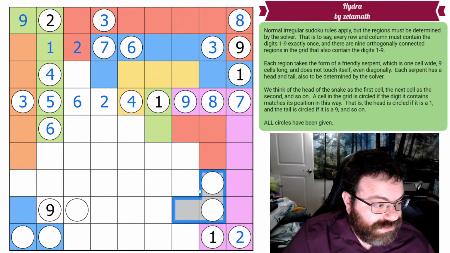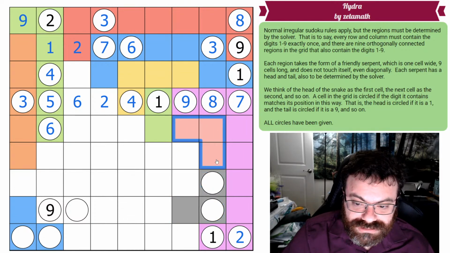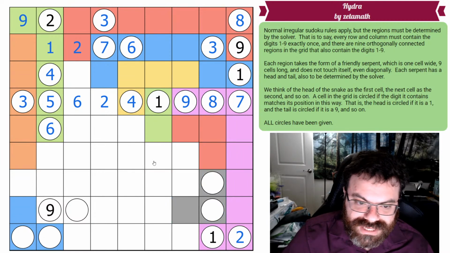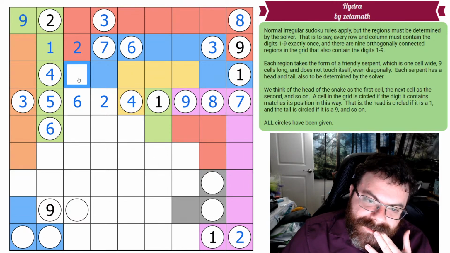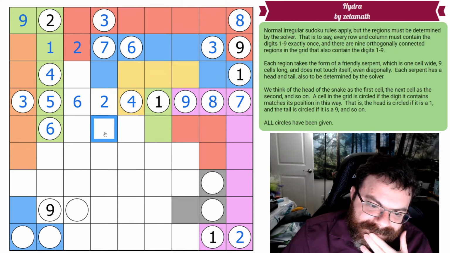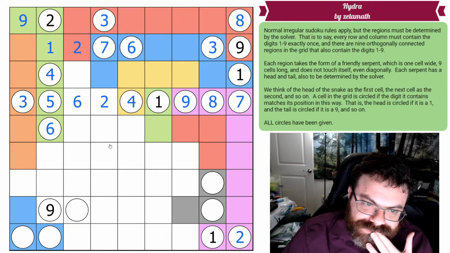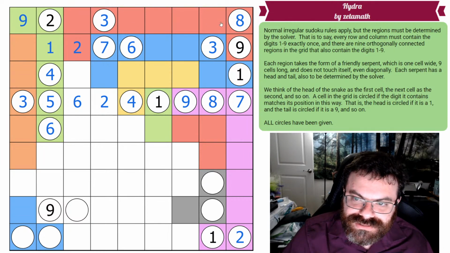I think if this were all green, which seems somewhat likely, then we'd have 8 regions only. Maybe I do need to start doing a regular Sudoku here.